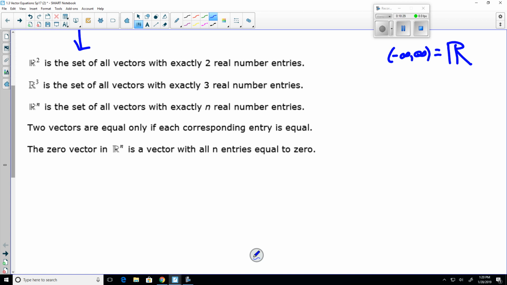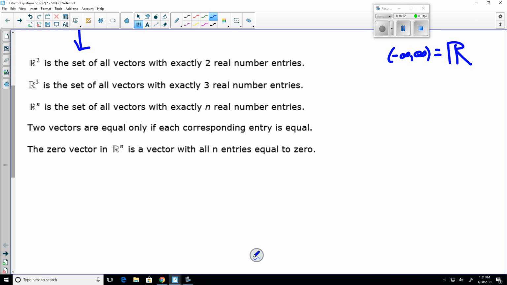Okay? 2 vectors are equal only if each corresponding entry is equal. So each corresponding entry has to be exactly the same or the vectors aren't equal. And anytime you have a 0 vector, it just means a vector where all the entries are 0 no matter what size.